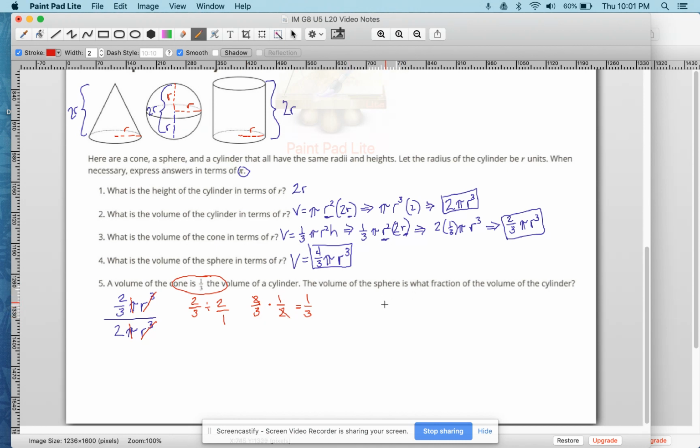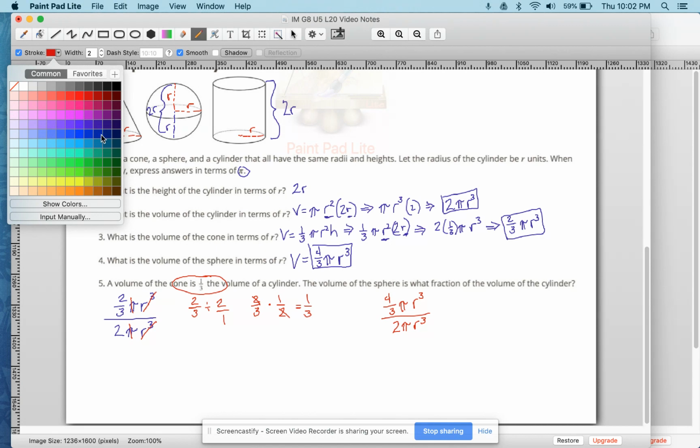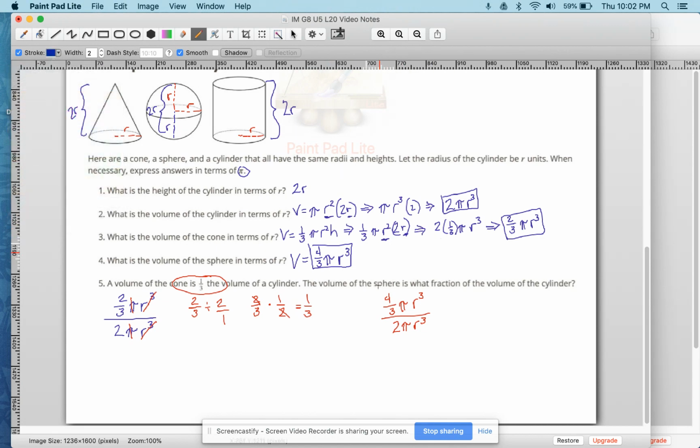The volume of the sphere we found is 4/3 times pi times radius cubed. And we're comparing that to the volume of the cylinder, which again is 2 pi times radius cubed. I'm going to change back to blue again so you guys don't get these confused.